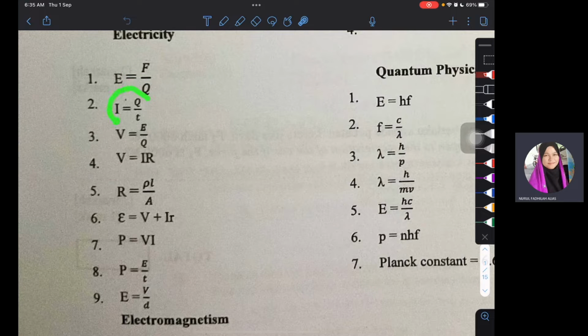Okay, this is the definition of current, rate of flow of charge. And then potential difference, what is this? This formula can help you to remember the definition of potential difference. So what is it?